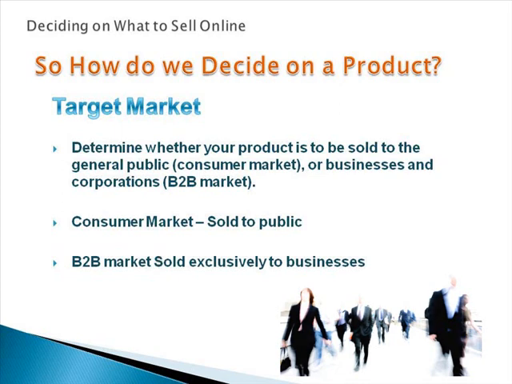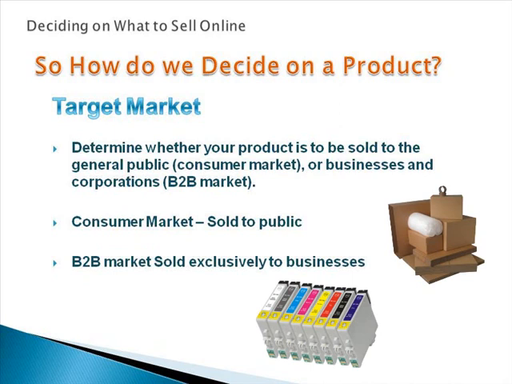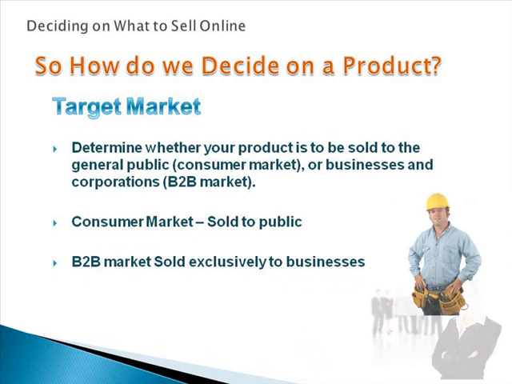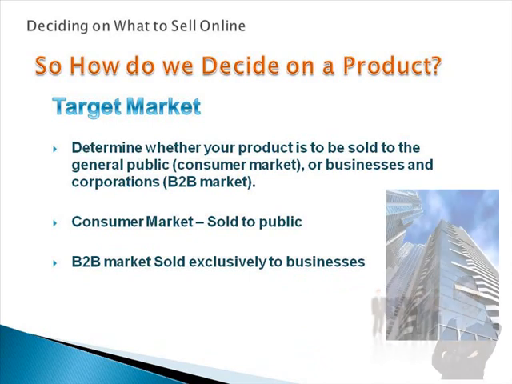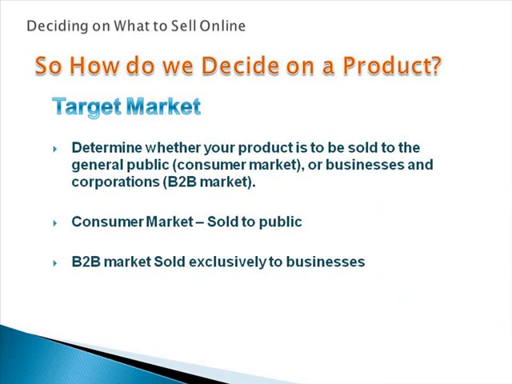These products would involve certain supplies such as packaging, specialized parts or consumables relating to a specific business type. If you do decide to sell to the B2B market, you'll be selling exclusively to people like sole traders, small businesses, right up to large corporations, selling business-related products.